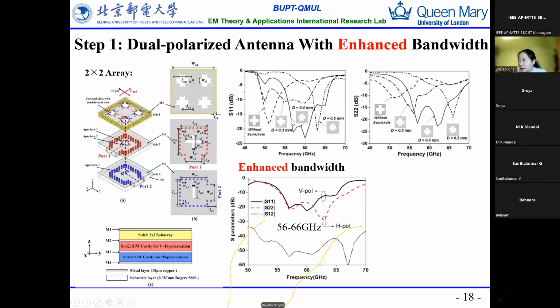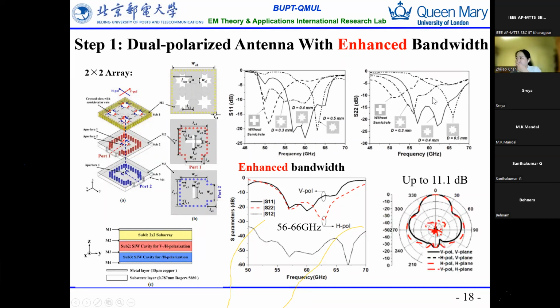After we cut that and optimize the radius of the semicircle, the bandwidth can achieve around 70%. And here is the figure for the other polarization. By doing this, we achieve an antenna with a very symmetrical radiation pattern with low cross polarization.